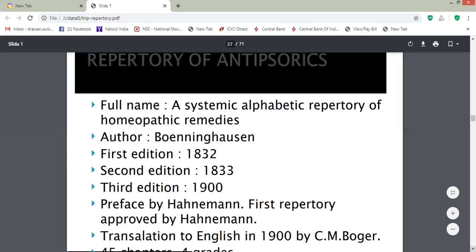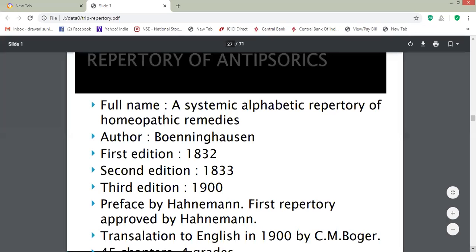This was the first repertory published in homeopathy, and it had 3 editions. The first edition was published in 1832, the second edition was published in 1833, and the third edition was published in 1900.